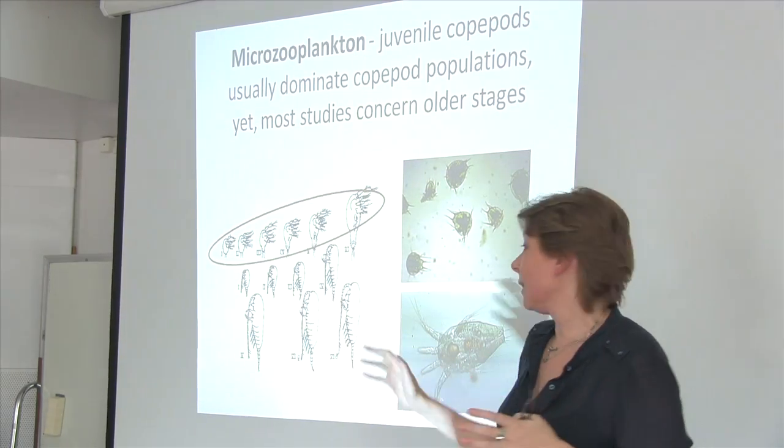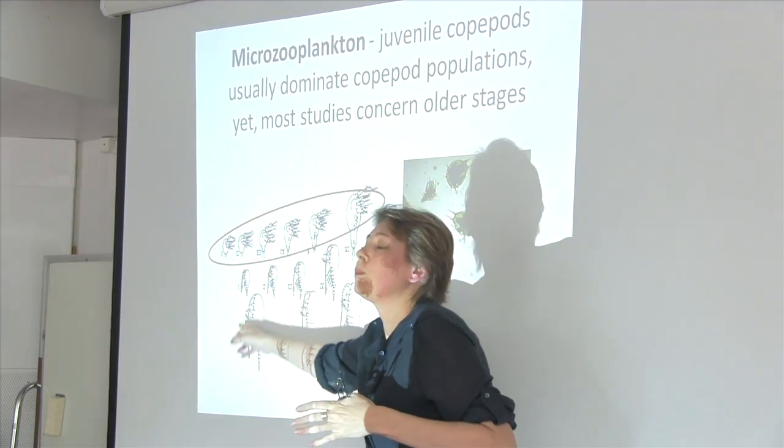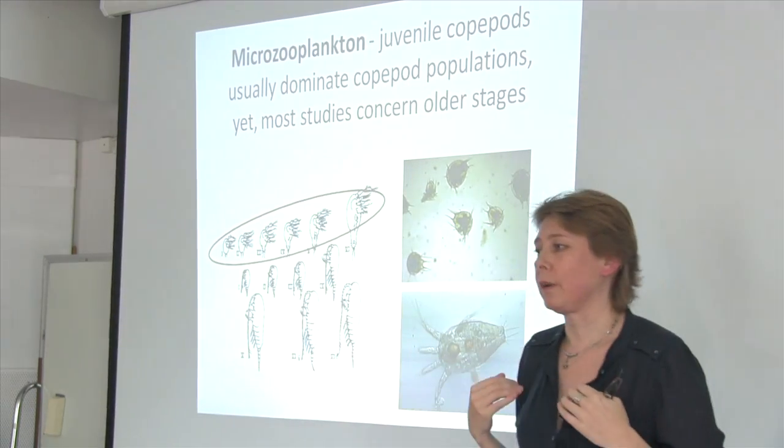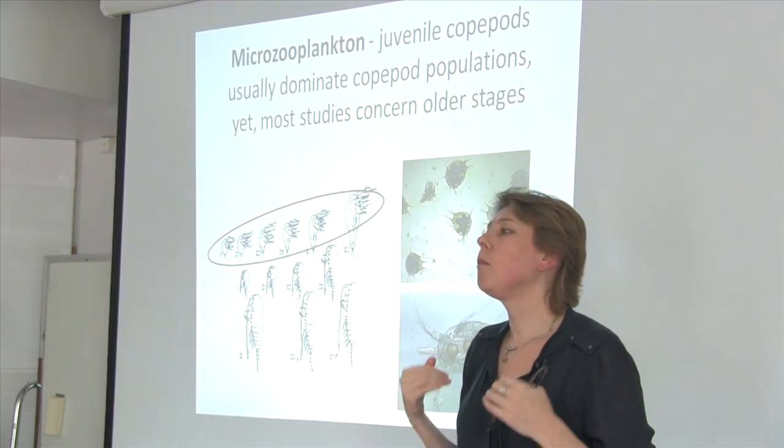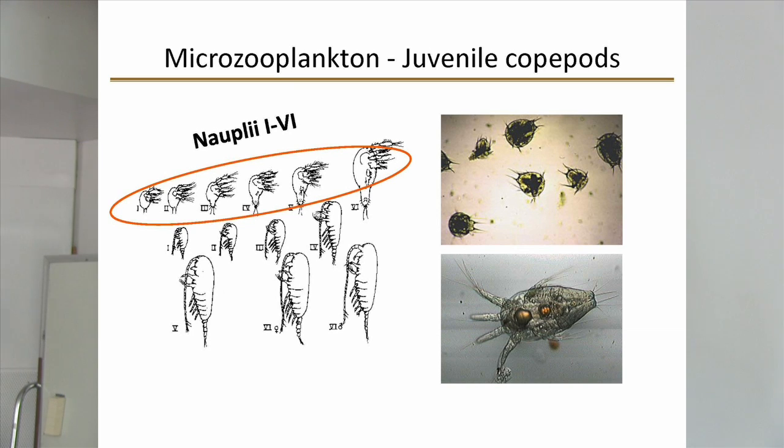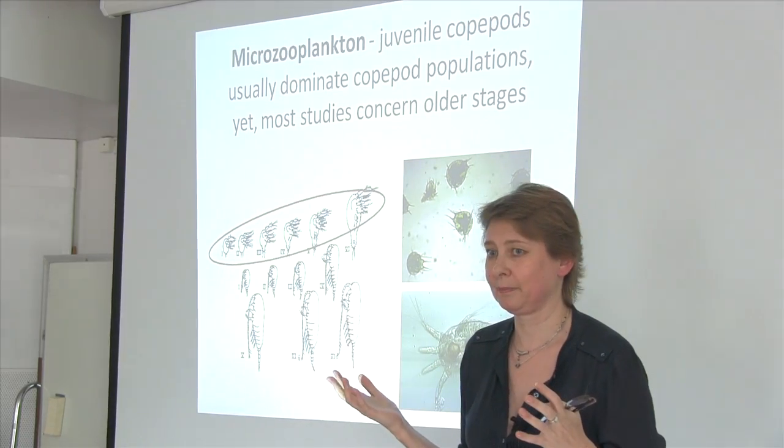That is not the case in most experiments, which are done with adult copepods, again for our convenience. Most samples that we take from the water for different kinds of analysis, like stable isotope analysis or biochemical analysis, we also try to pick those that we can distinguish in terms of the species and the life stage. We pick the biggest ones.